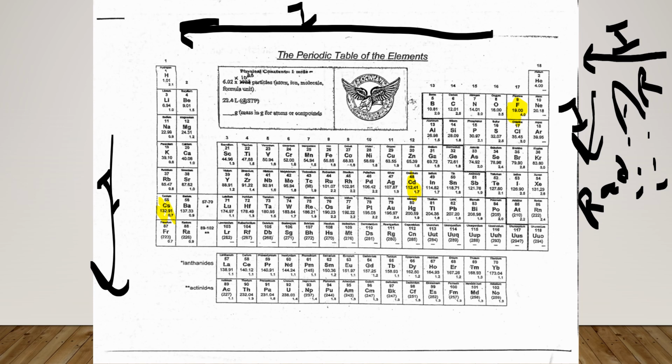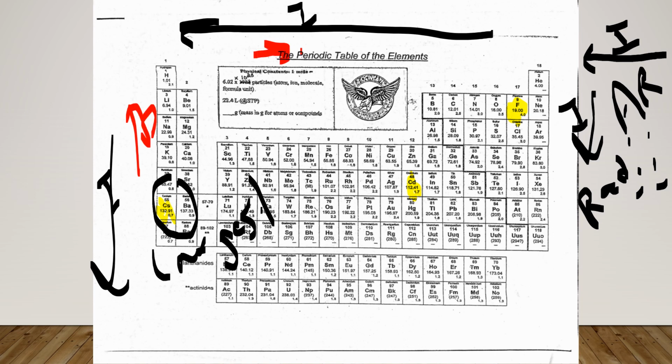So we know that we're increasing going over to the left and we're increasing going down. So that means that calcium here is going to be the largest. Obviously, if you turned your arrows around, that means going up you would decrease, and going this way you would decrease. So that means fluorine is the smallest. Hopefully that makes sense to you.